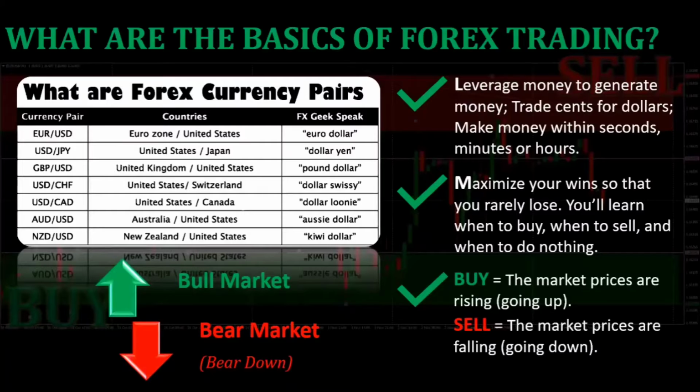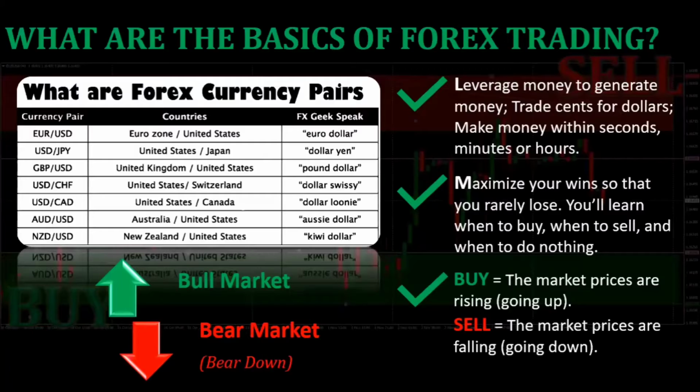Just like currency pairs, you want to know there's two things you have to do with any trade, right? You either buy, which is when the market prices are going up, or you sell when the market prices are going down. Well, if you're into stocks, you hear something called a bull market. You probably didn't know what that means. That means the market is actually good, it's rising. So a good way to remember that is to think about a bull's horns, right?